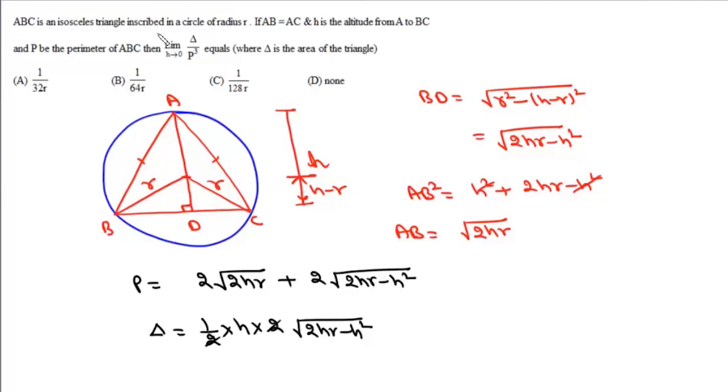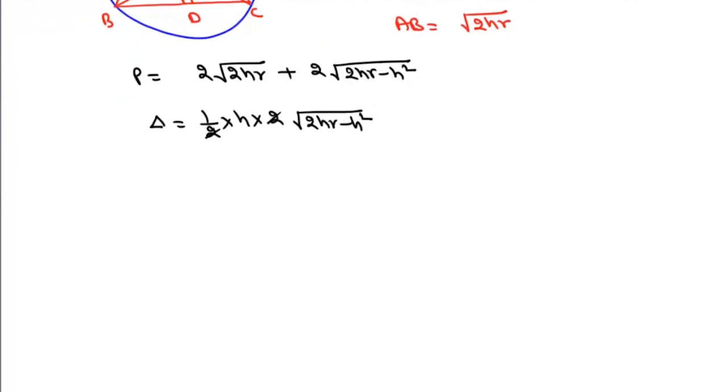Now we need to find this limit h tends to 0 of delta upon P cube. So it will be this limit h tends to 0.